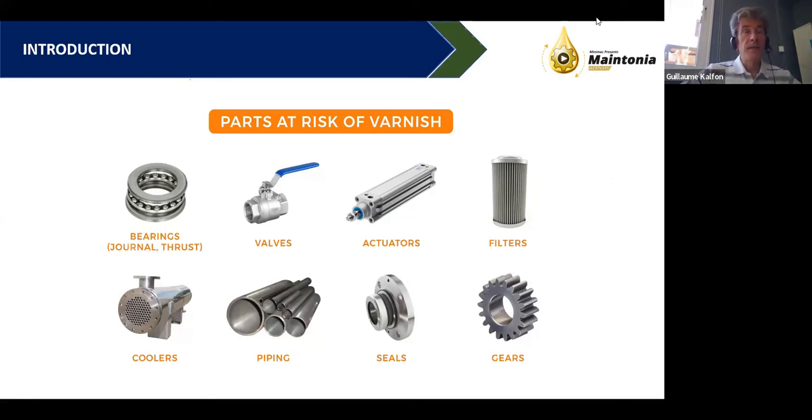So very often we will see them in bearings. So we can think of turbine or compressor bearings like journal bearings, thrust bearings, and this will trigger particular behavior problems for these parts. We can see it in valves, we can see it in actuators, and then they would be sticky or slow responding or non-responding.